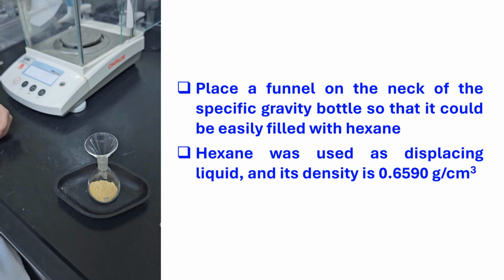Place a funnel on the neck of the specific gravity bottle so that it could be easily filled with hexane. Hexane was used as a displacing liquid, and its density is 0.6590 gram per centimeter cube. Toluene is commonly used for displacing liquid. However, toluene is carcinogenic, therefore it should be used in fume cupboards with care.